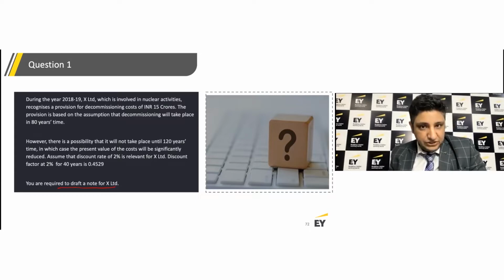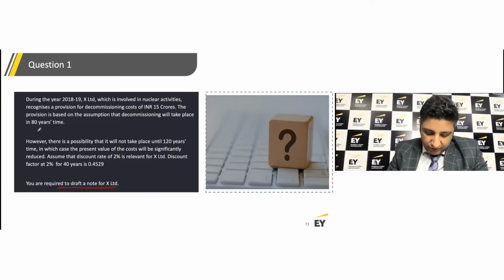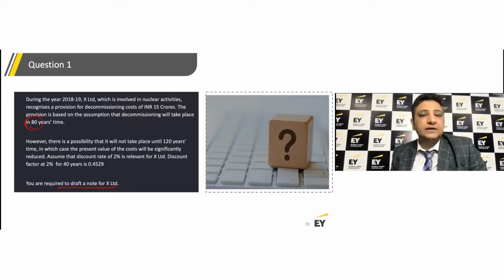Now, there is a change as you observe that what you originally assumed, that you're going to incur some costs of decommissioning in 80 years' time, has increased by 40 years, right? It is expected now that it will only take place after 120 years. So when you look at this scenario, of course, you have been recognizing the cost at 15 crore rupees.